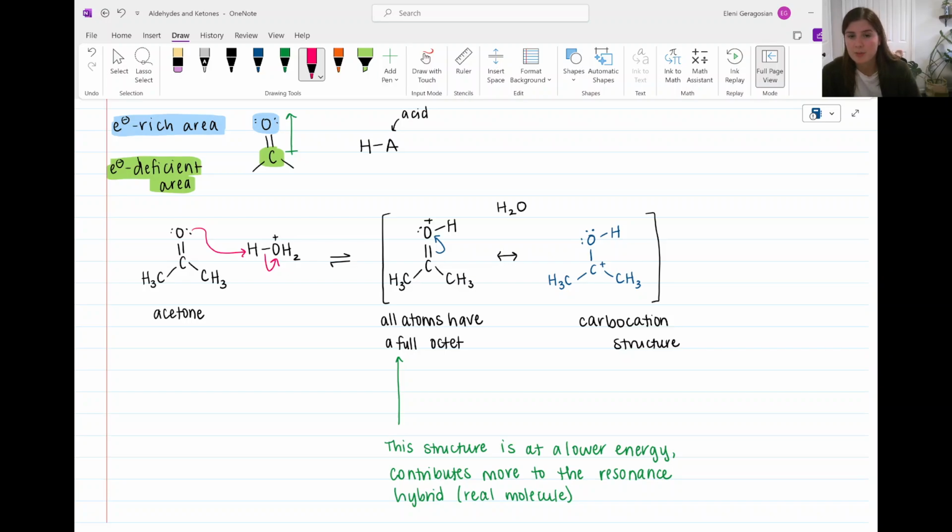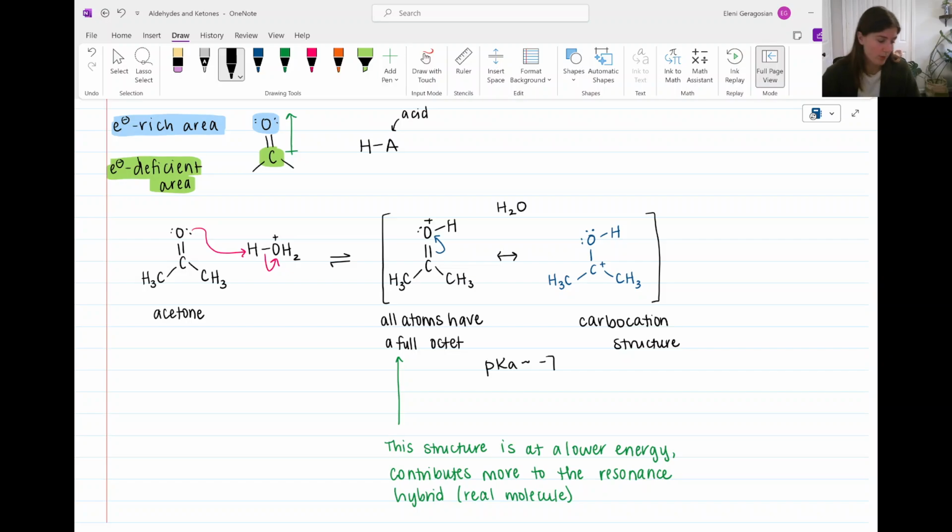This also helps us understand the relative acidity here. Usually oxygen, when it has a positive charge and it has a hydrogen bonded to it, that's a pretty strong acid. Well, the pKa of this molecule, after being protonated, is approximately -7.